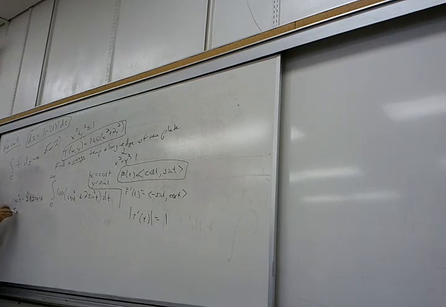So sine squared would be 1/2 minus 1/2 cosine. Cool? You substitute that in for sine and for cosine, and you can integrate that.